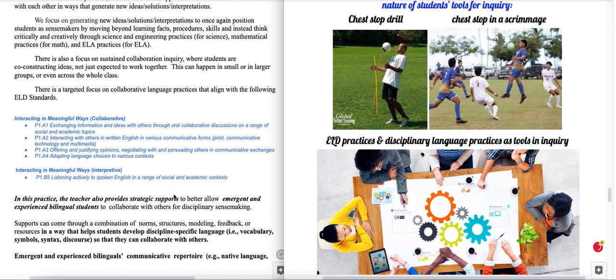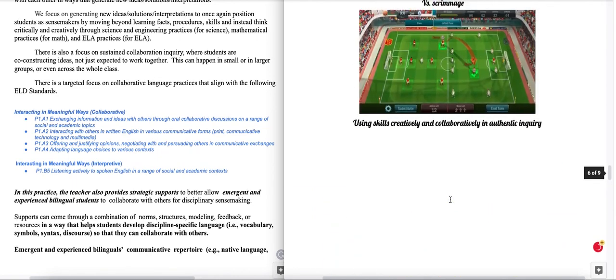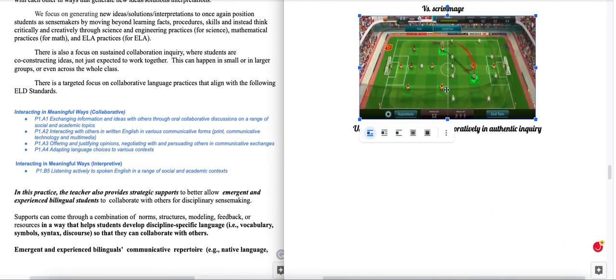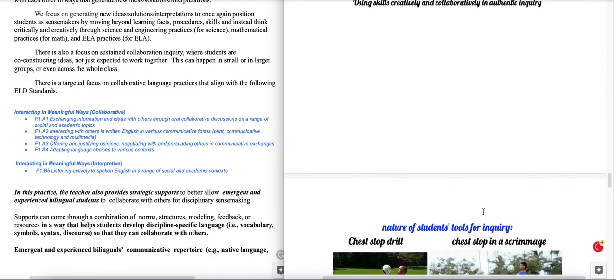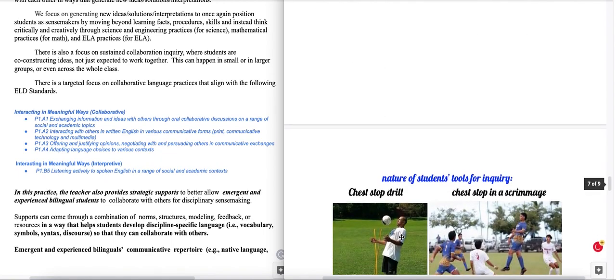So we want to see students using these ELD practices as a particular kind of tool, strategy, skill set in their scrimmage. So just getting more into the details of what we're expecting and hoping for students to do, what we're planning for students to do when they're out on the field.